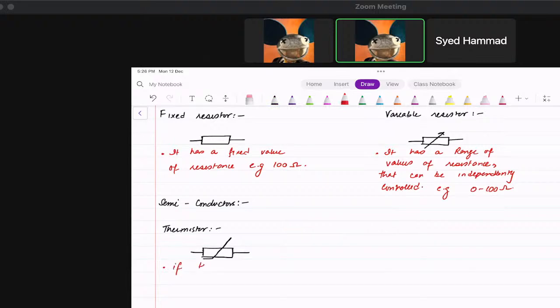So if temperature is high, then it has low resistance, and if temperature is low, then it has high resistance. It works opposite. Thermistor is not an ohmic conductor, by the way.